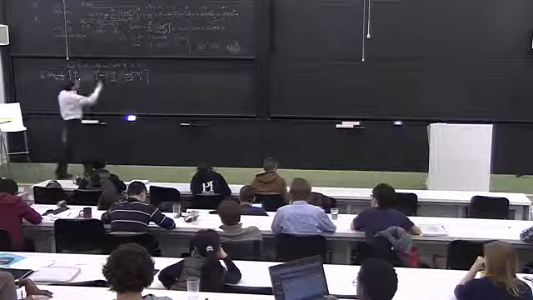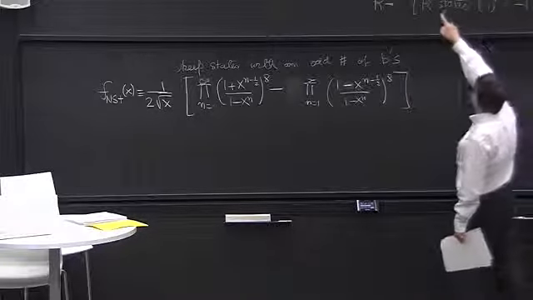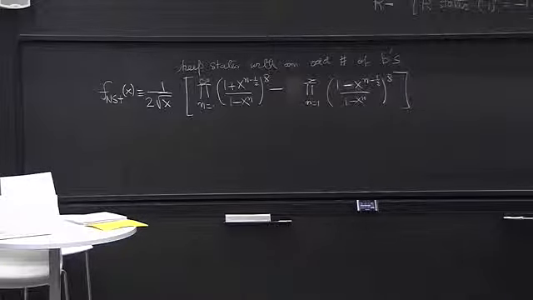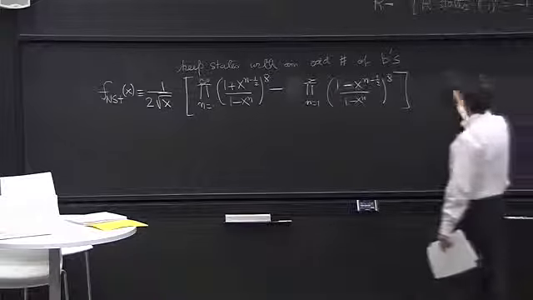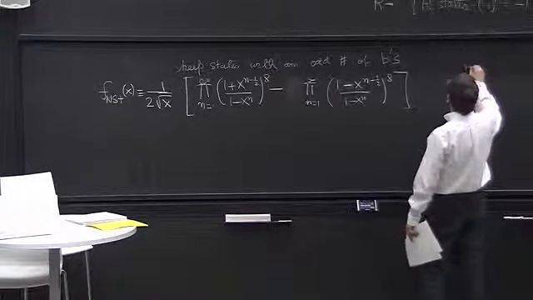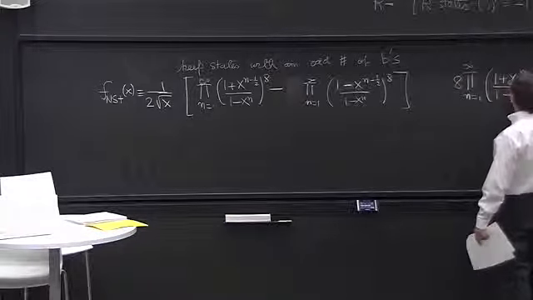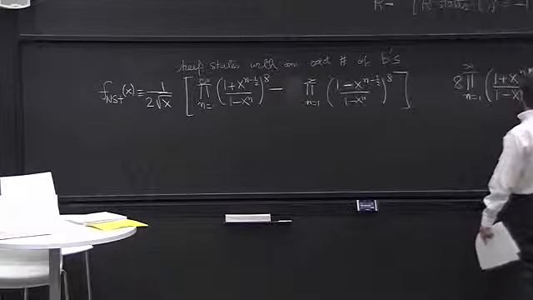And now you go to the other one, Ramond. In the Ramond sector, the truncation is very simple because we just take half the states. On each side, there are an equal number of states. So we can put here an 8 times the product n equals 1 to infinity of 1 plus x to the n over 1 minus x to the n to the 8.